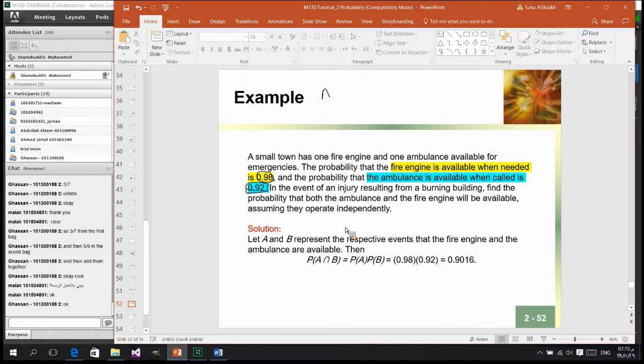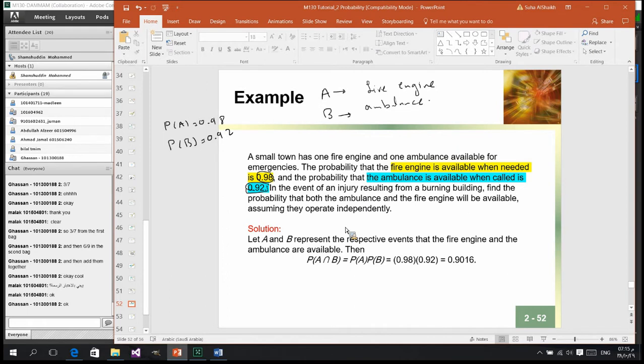Let me call A probability of the fire engine and the B for the ambulance. So معناها probability A is 0.98 و probability the B is 0.92. هذا معنى اللي قال لي.